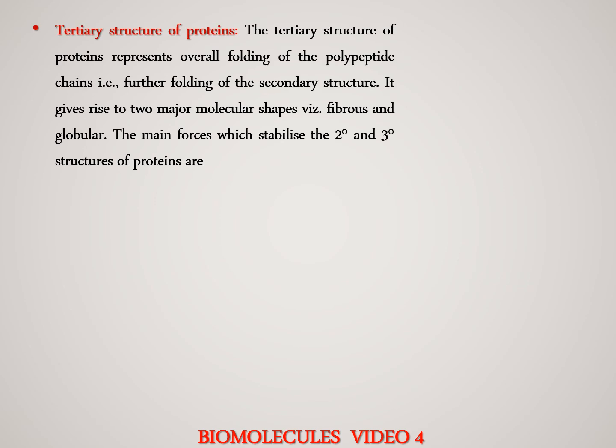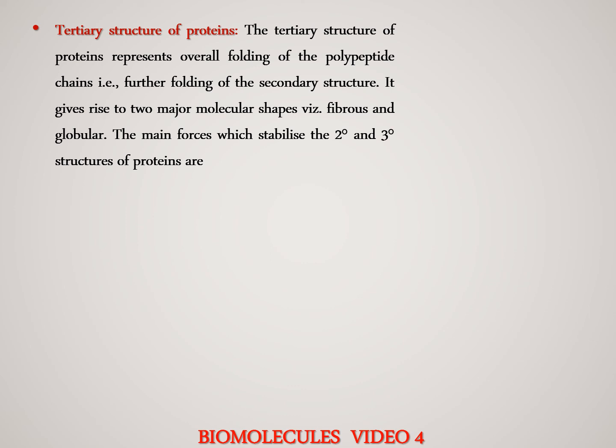So when we are talking about the tertiary structure of the protein, it always tells us about the overall folding of the polypeptide chains. And this overall folding of the polypeptide chains gives rise to either the fibrous or the globular protein.